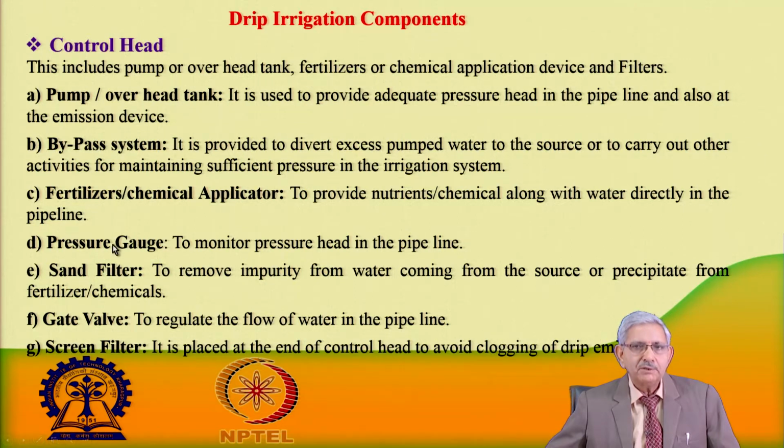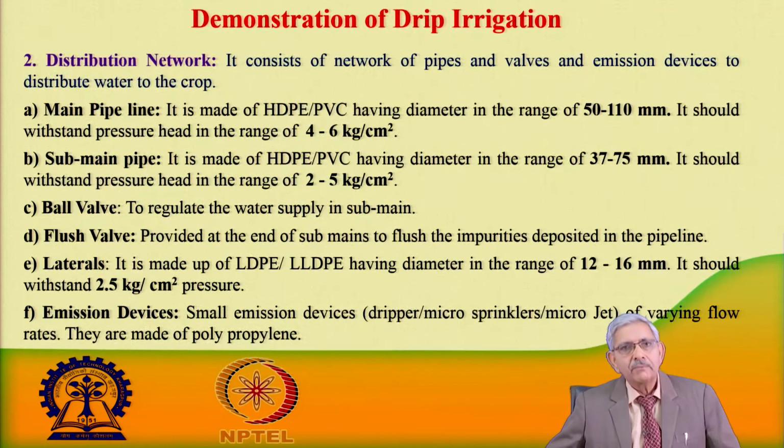This device is used to apply fertilizer, chemicals or nutrients along with the irrigation water. A pressure gauge is used to monitor the pressure in the pipeline, and then there are the sand filter, screen filter, and gate valve. These are the other devices put up under the control head unit.